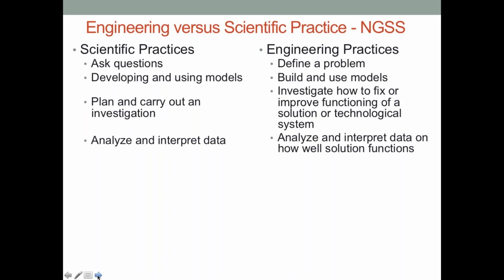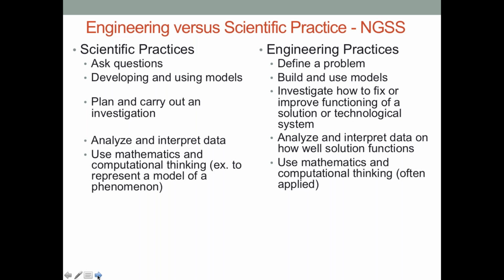Scientists and engineers both analyze and interpret data, but engineers tend to focus on how well a solution functions. So they tend to collect the data about how well the solution is functioning, and they're analyzing and interpreting it with that lens in mind. Both groups use mathematics and computational thinking.